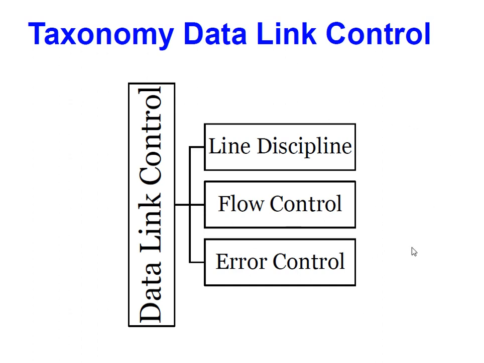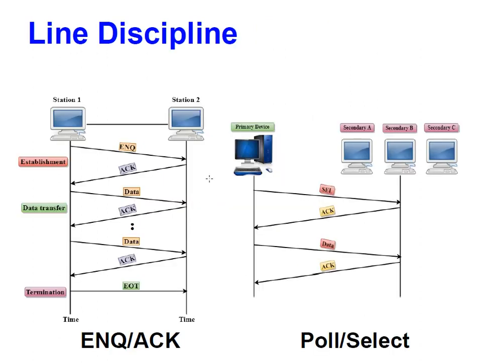So this is what we see in data link control: line discipline, flow control, and error control. Let us see line discipline. Line discipline is basically a functionality of the data link layer, and it provides the coordination of link systems.